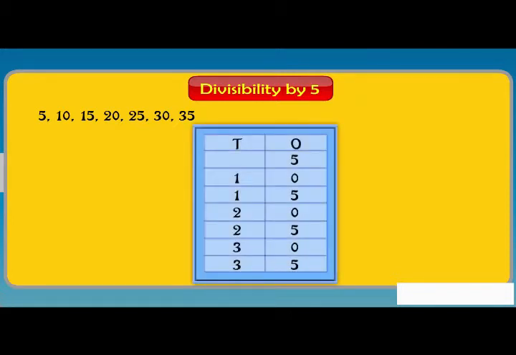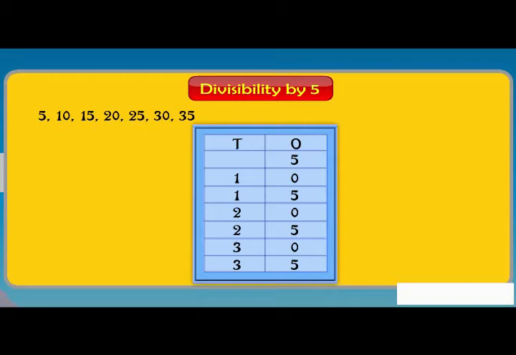Divisibility by 5. Mani found some interesting pattern in the numbers 5, 10, 15, 20, 25, 30, 35 and so on. Can you tell the pattern? Look at the units place. All these numbers have either 0 or 5 in their ones place.